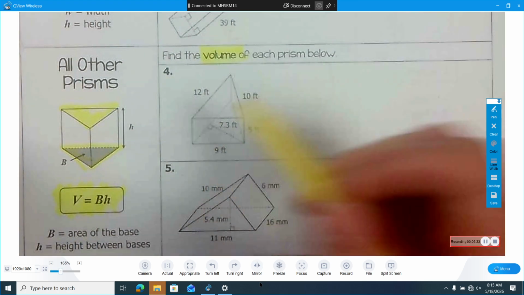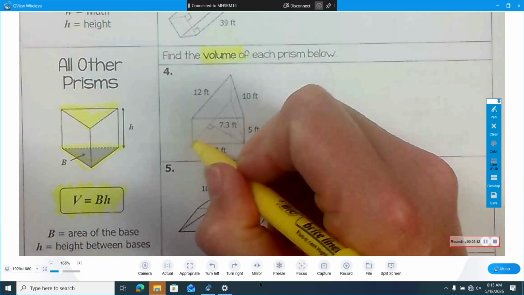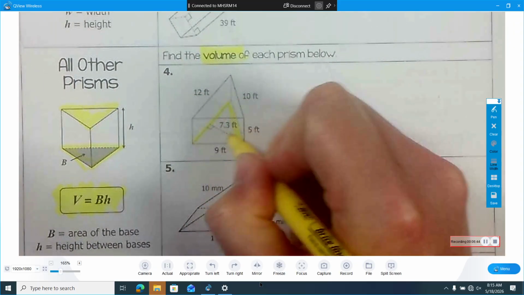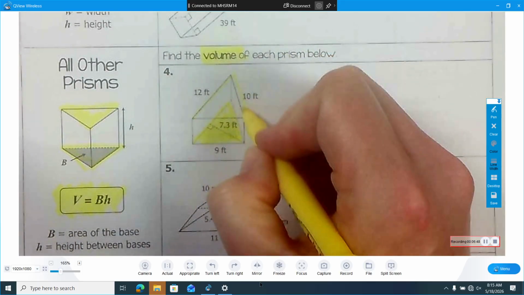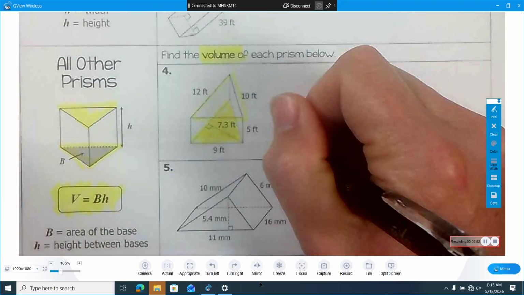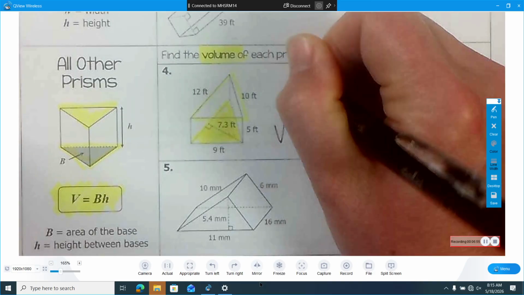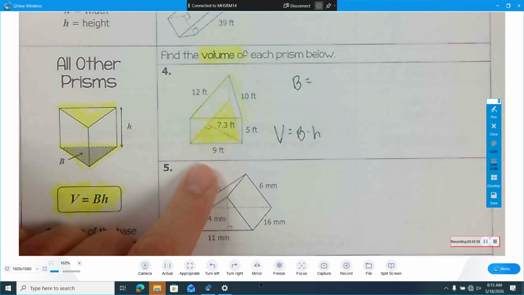When I look at this figure, what is the base? The triangles. We have the bottom triangle here, which has all these little dotted lines, and then there's the top one. I'm just going to outline it. Again, volume is area of the base times the height, so I want to find the area of that yellow base.